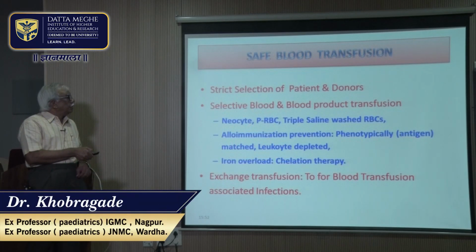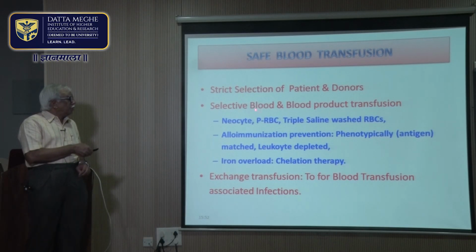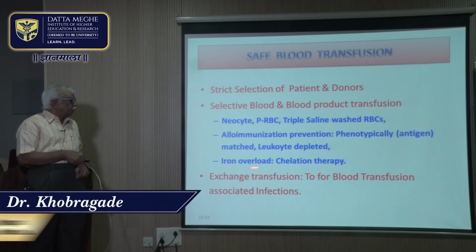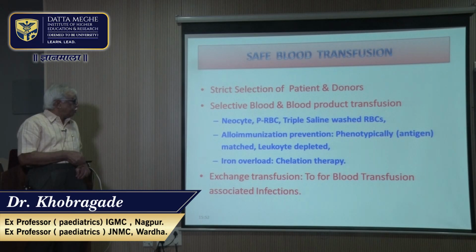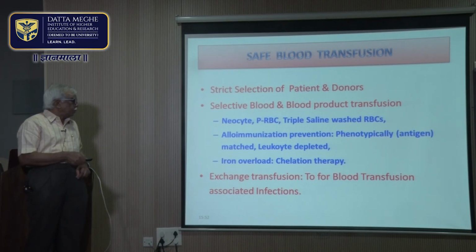We already covered safe blood, strict selection of patients and donors, selective blood and blood product transfusion, neocyte transfusion, packed RBC, triple saline wash RBC. These are various methods of collecting the blood for transfusion. Alloimmunization prevention: phenotypically, that is antigen matched, leukocyte depleted. For iron overload, you have to give chelation therapy. Exchange transfusion for blood transfusion associated infection.